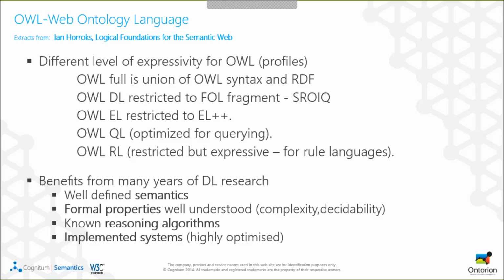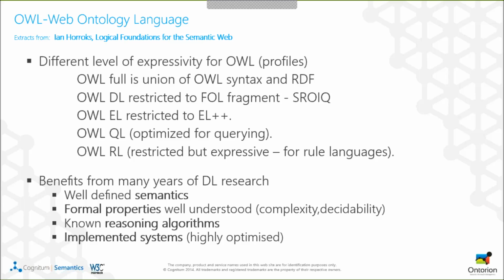Then you have the three others, EL, QL, and RL. EL is a subset of DL, another logic in which facts can be reasoned in polynomial time, and in RL facts can also be reasoned in polynomial time for most cases.